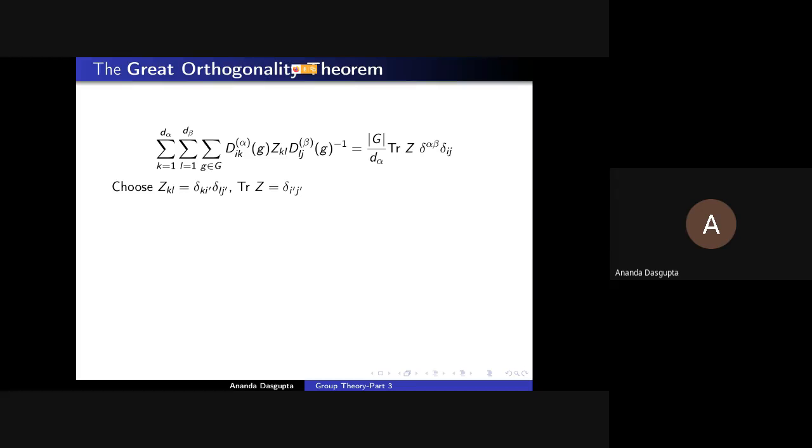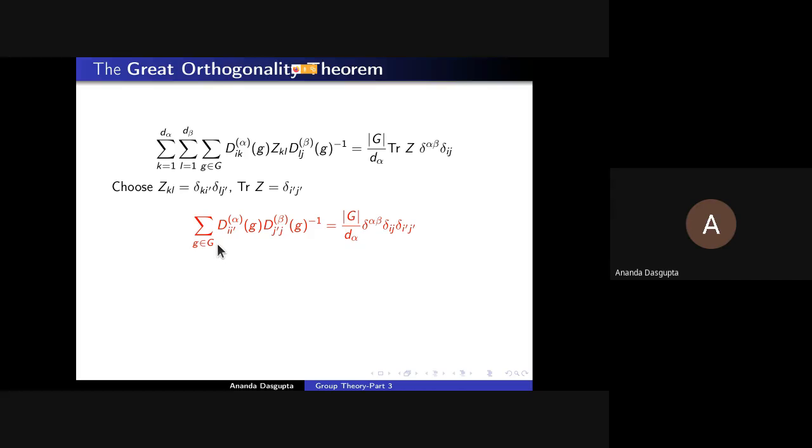Using this, you'll simply get this rather wonderful result, which will be the source of all the results that we will talk about tomorrow. Just to emphasize how wonderful this result is, let me point out that here there's only one sum on the left. The sum is over the group elements G, right?